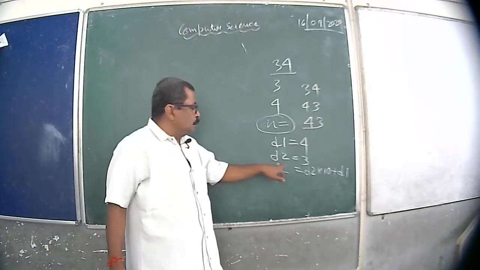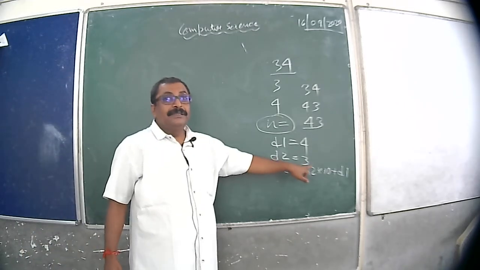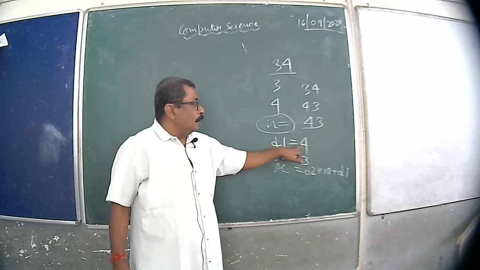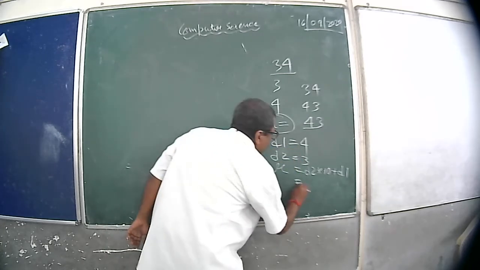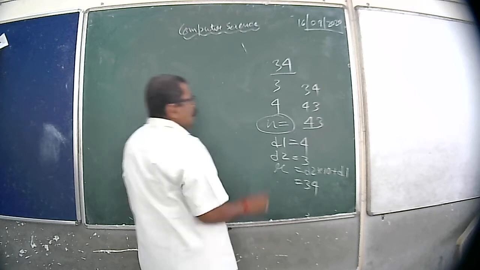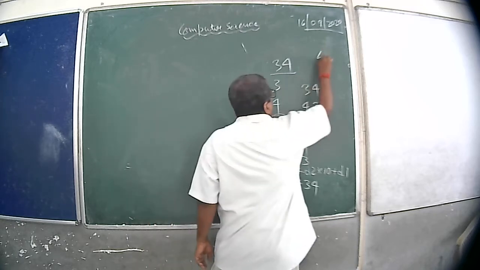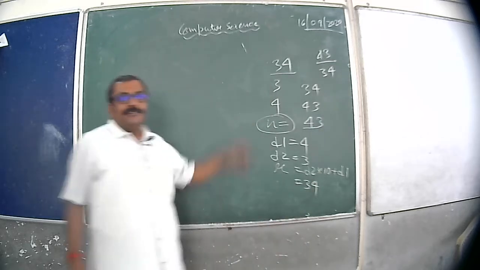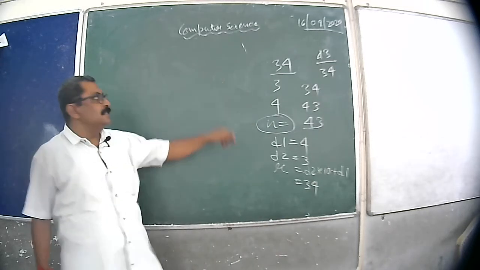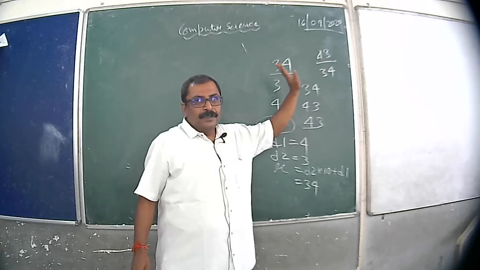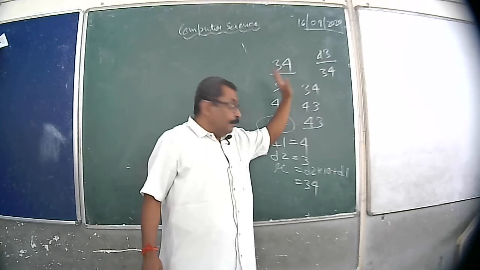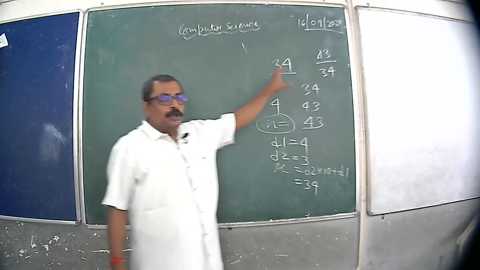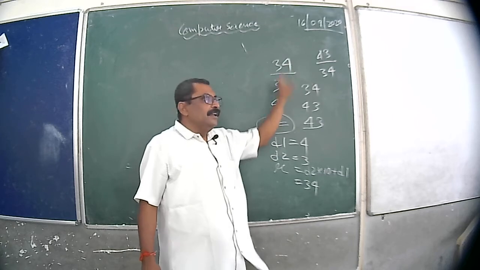What is the value of D2? 3. 3 into 10 is 30. 30 plus 4 is 34. So, 43 is the number, and if you make it reverse, then you will get 34. That is today's program: a number to be accepted and we have to print it in reverse order.